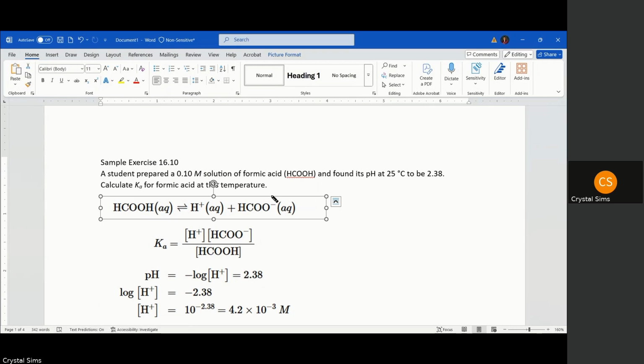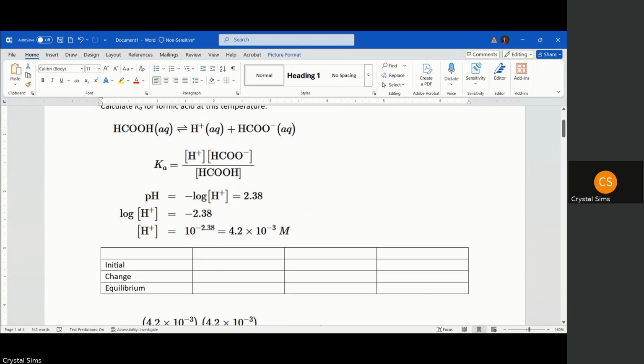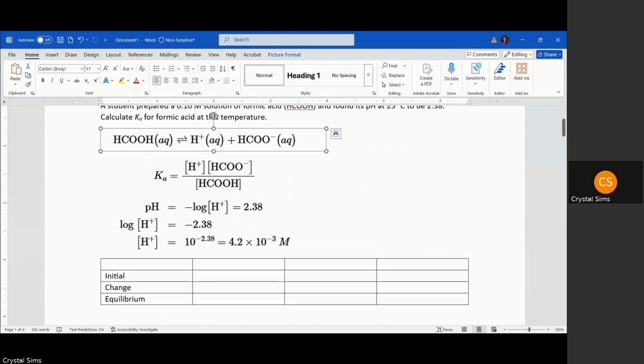And we also know the initial concentration of the formic acid, but we don't know what the equilibrium concentration of that is. So we're going to have to go back to our ICE tables that we learned in the last chapter.